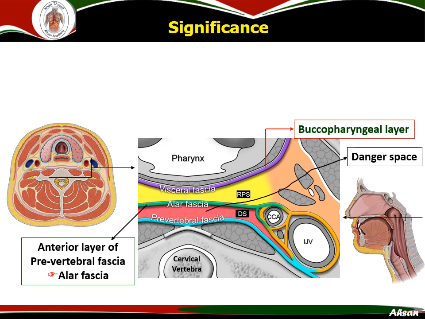The space between the alar fascia and the prevertebral layer of the fascia is the danger space, and between the alar fascia and the buccopharyngeal layer, which is part of the visceral fascia, is the retropharyngeal space. Here the danger space is indicated by DS, and RPS is the retropharyngeal space.